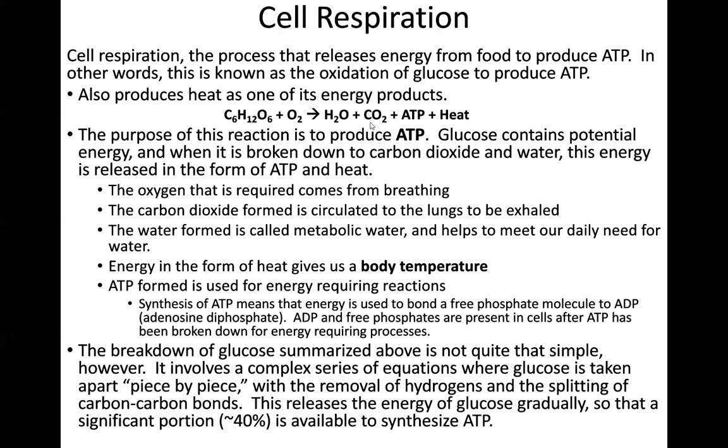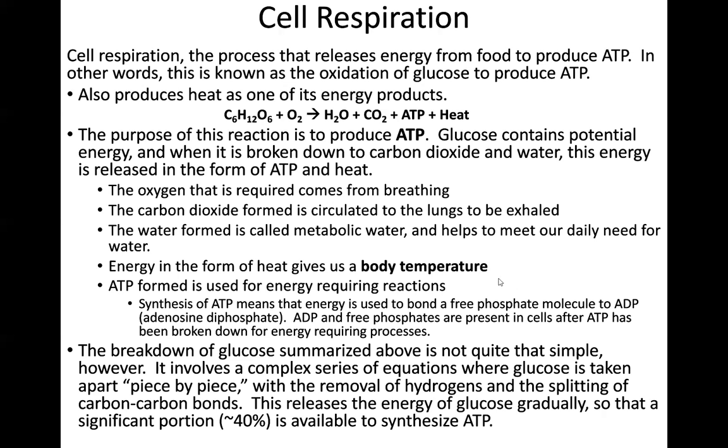The CO2 that's formed is the same CO2 that we talked about that we must exhale, to breathe out of our body so that we don't become acidic internally. The water that's formed is pretty insignificant. We call it metabolic water because it's formed during metabolism, but it's not enough water that we could literally just stop drinking, because we don't produce enough of this. So it does help meet our daily need, but it's not sufficient for us to survive.